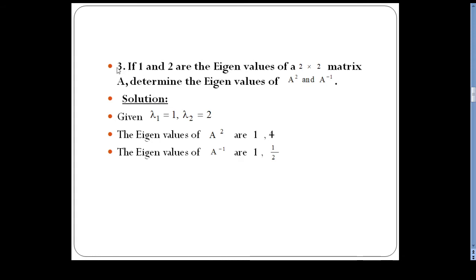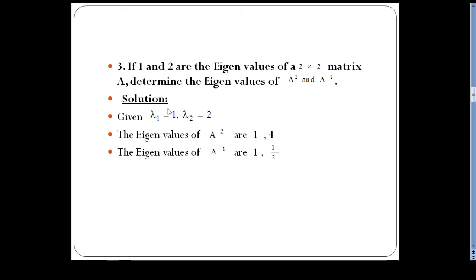Now we will see the third problem. If 1 and 2 are the eigenvalues of a 2 cross 2 matrix A, determine the eigenvalues of A square and A inverse. Given lambda 1 equal to 1 and lambda 2 equal to 2. We want to find the eigenvalues of A square. What is the property for finding the eigenvalues of A square?